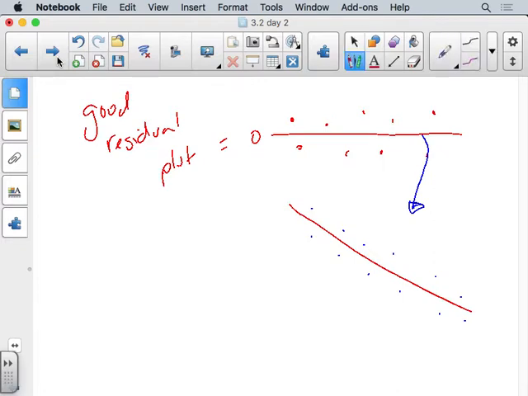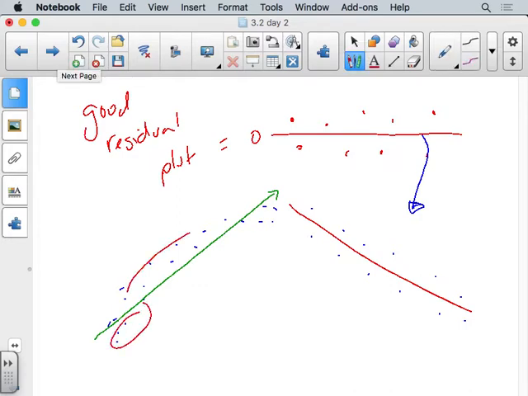If I have something like exponential, or maybe quadratic, and I made a line of best fit through it, I would have some negative residuals, a whole bunch of positive ones, and then some negative ones. So that would not be a good residual plot. The residual plot is really just turning this graph flat and seeing positive, negative.